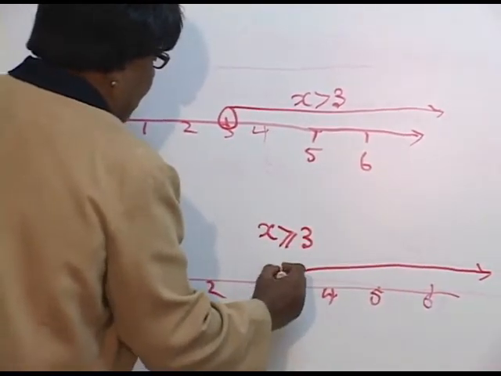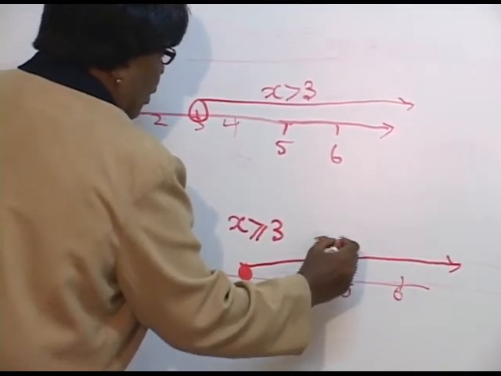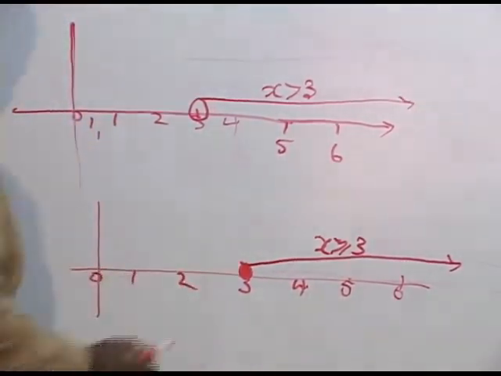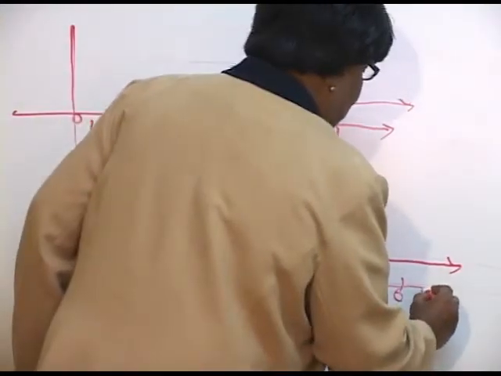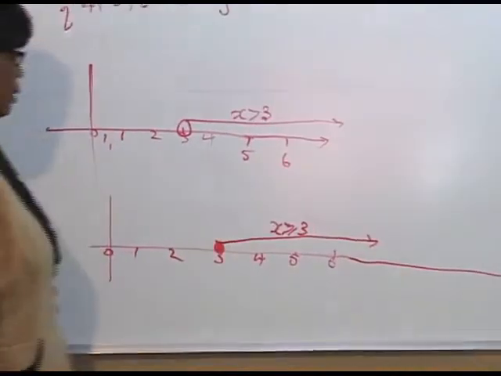We can write it x is greater than or equal to 3, and the whole thing would be darkened going up. So this is how we represent these things.